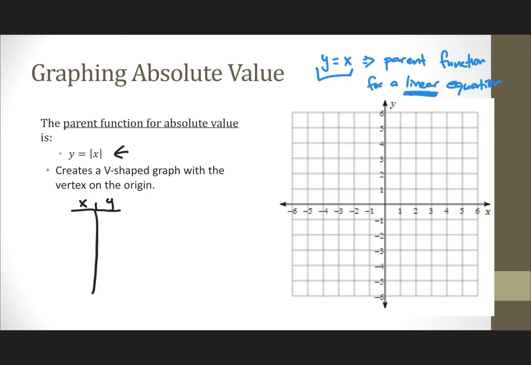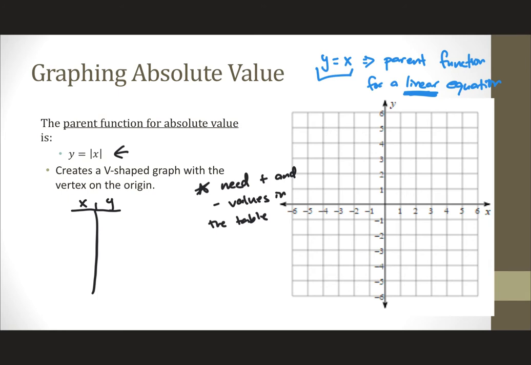Now for the x values, I want to have both positive and negative values. That's important, so draw a little star. You need positive and negative values in the table, the reason being it's going to do some weird things on both sides, so we need to make sure we're representing both halves, negative and positive.